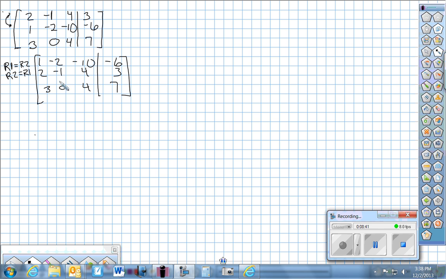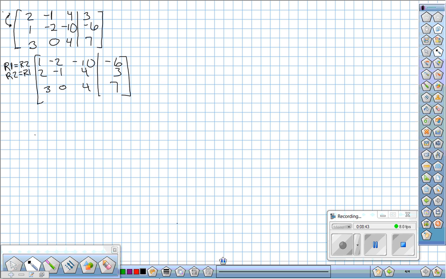Okay, and then I basically want to get these two things underneath here equal to 0. Since I already have the 1 in the first place, I need them equal to 0 now. So what I'm going to do is my new R2 is going to be equal to -2 times row 1 plus row 2.